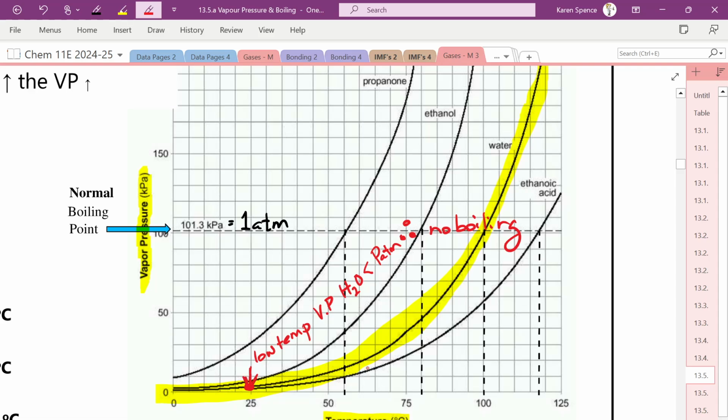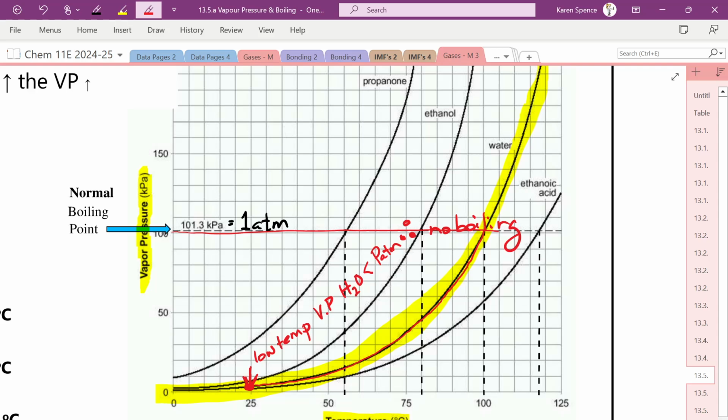But as the temperature increases, eventually, here's our water. I should have done just this in the first place rather than scribbling all over it in the yellow. Once the vapor pressure hits 1 atmosphere, that's where it's going to start to boil. Is that good? And that's really about all there is to this graph.